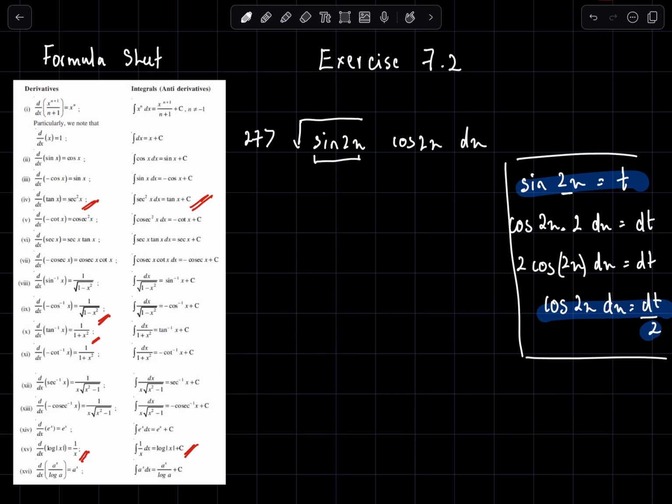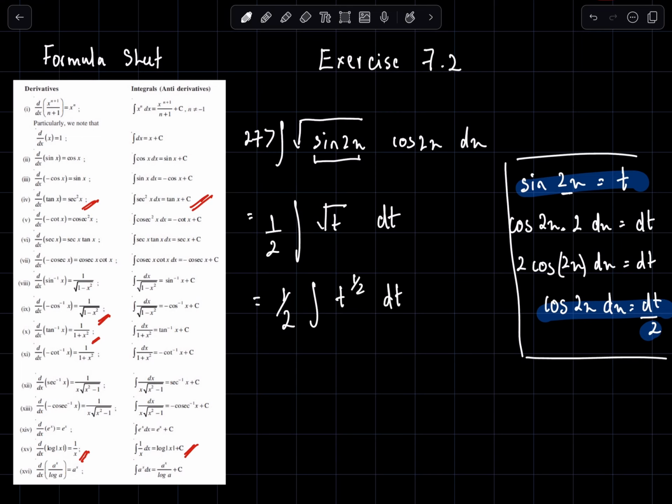Okay, so this integral is equal to the integral of square root of t, and cos 2x dx is dt over 2. I can take half outside, and this is half of the integral of t to the half dt.